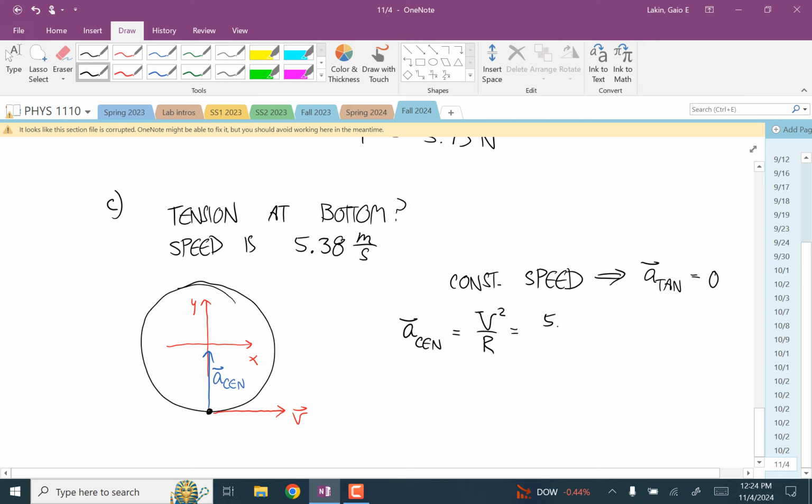So that is 5.38 squared over 0.2, which is 144.62 meters per second squared. This is just the magnitude, not the vector. To put it into the vector, that's in the positive y direction. So the centripetal acceleration vector is 0, 144.62.